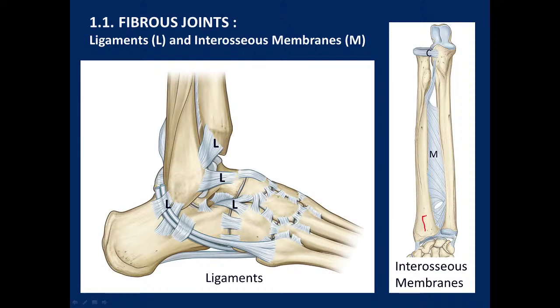This is the bone called radius, and another bone which is joined with the membrane is ulna. We also find membranes between crural joints or leg joints, and we find some membranes between vertebra and skull, and in the pelvic joints as well.